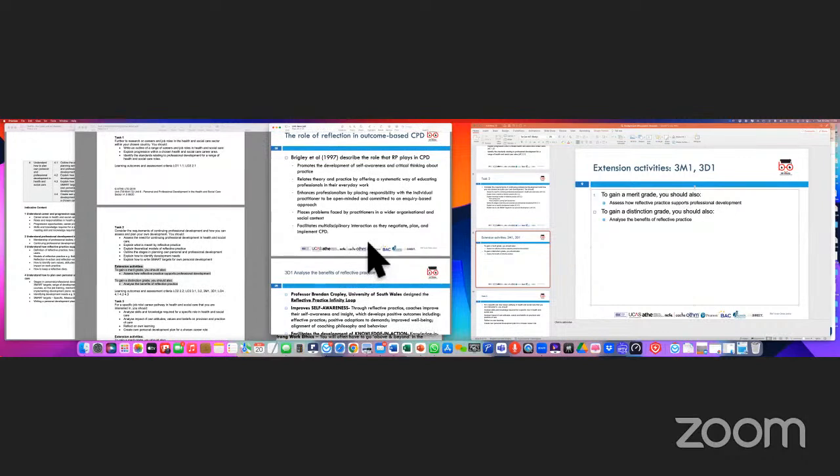If I give an example, why reflective practice? Because when you work within the health and social care sector, you're working with a lot of teams and colleagues from different departments.